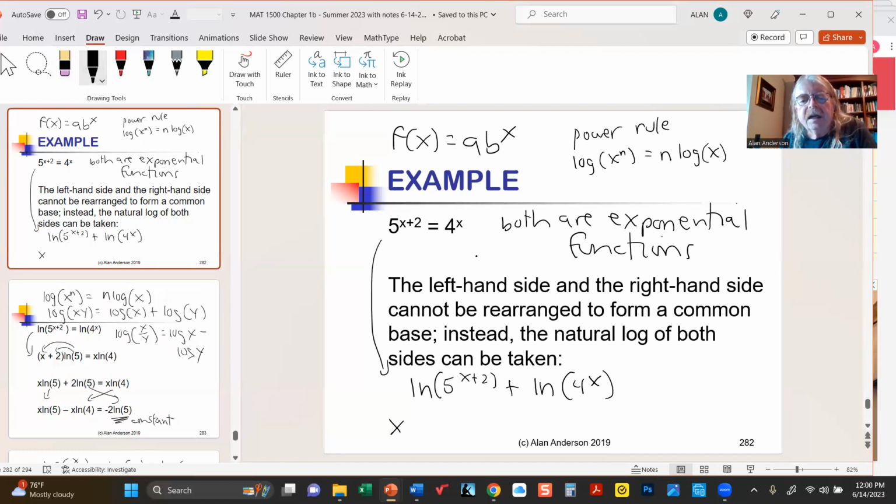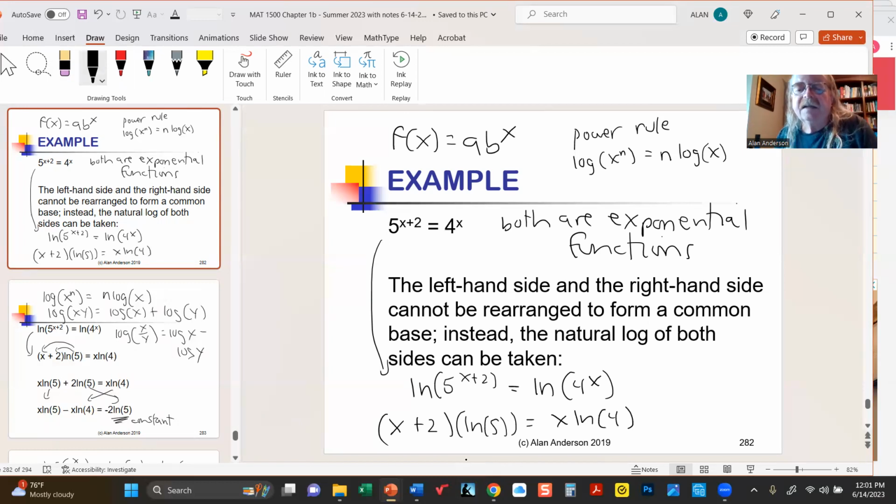This one implies that x plus 2 log 5 equals, oh, what did I do? This should have been an equal, sorry. x log 4.